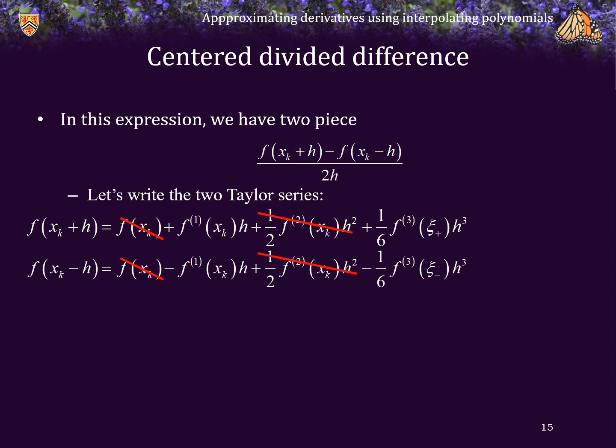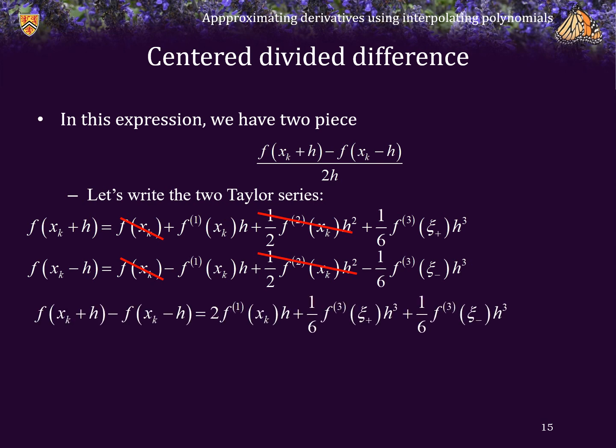And then we're adding those two final terms. Now you'll notice the first term has a xi plus because that's indicating that xi plus is some value between x sub k and x sub k plus h. In the second case, xi minus indicates that that particular value must be somewhere between x sub k minus h and x sub k. So we can add those up, but they're going to be different.